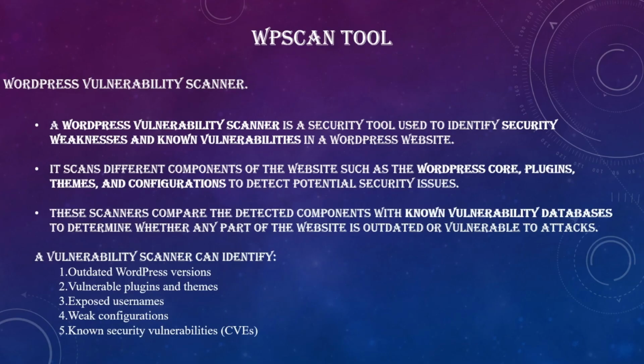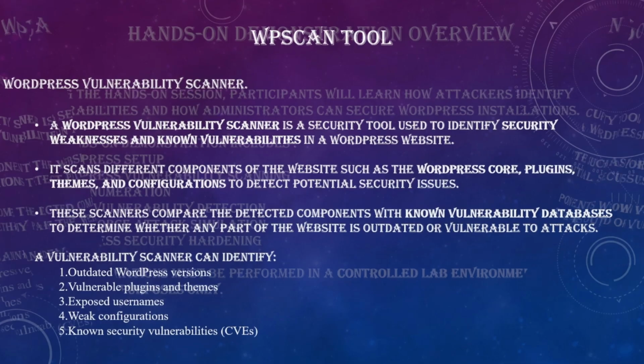These scans compare the detected components with known vulnerability databases to determine whether any part of the website is outdated or vulnerable to attack. A vulnerability scan can identify outdated WordPress versions, vulnerable plugins and themes, exposed usernames, weak configurations, and known security issues. These are the vulnerabilities it can identify.